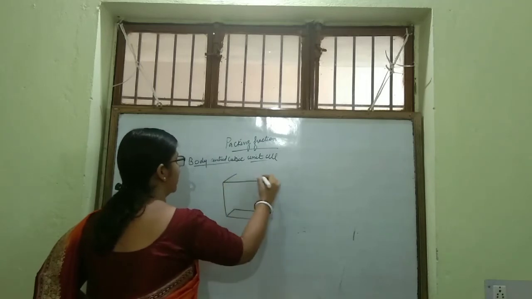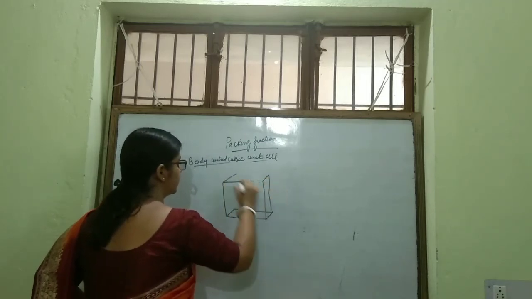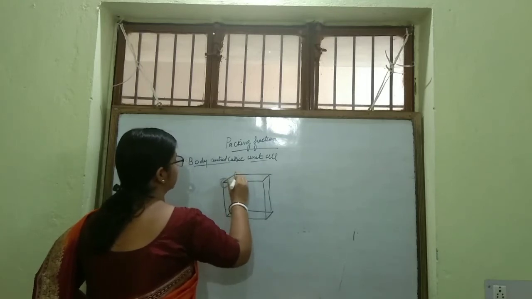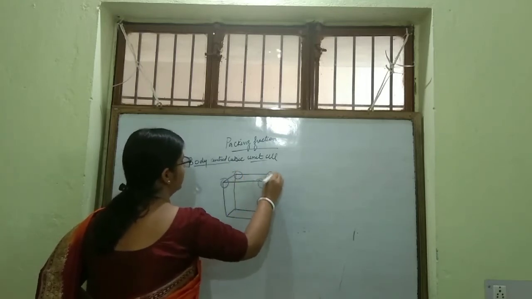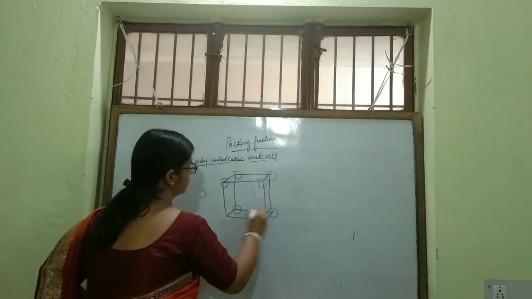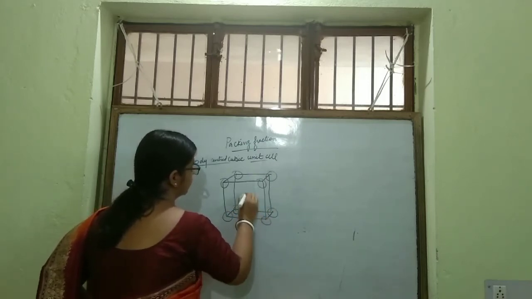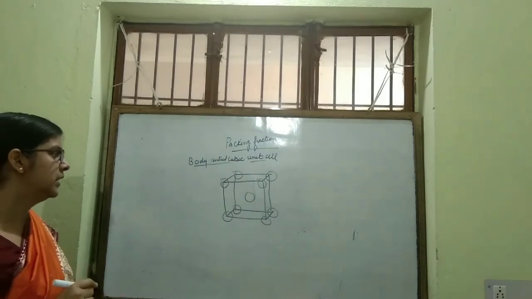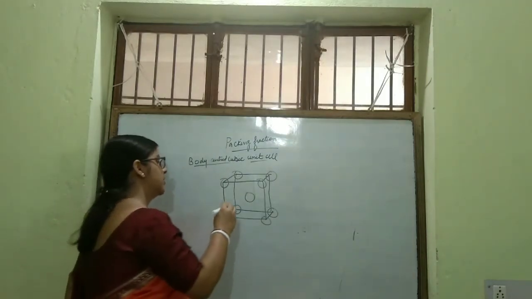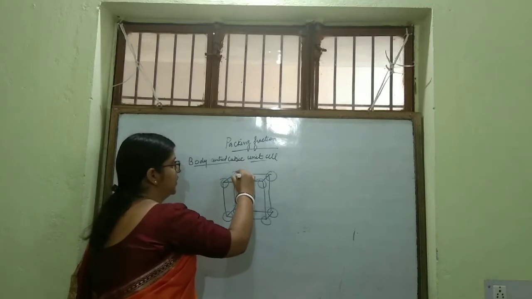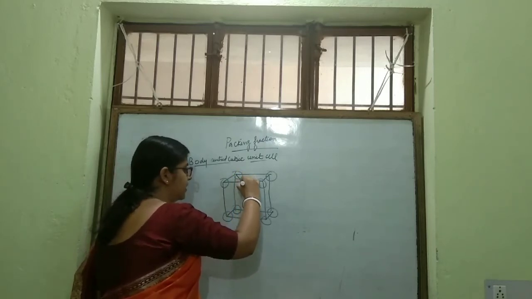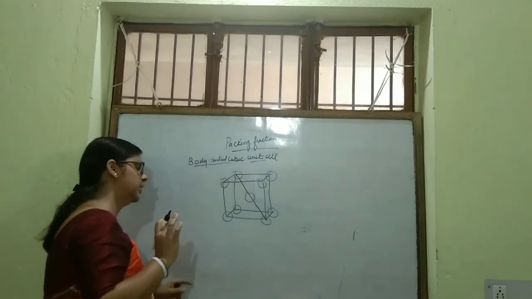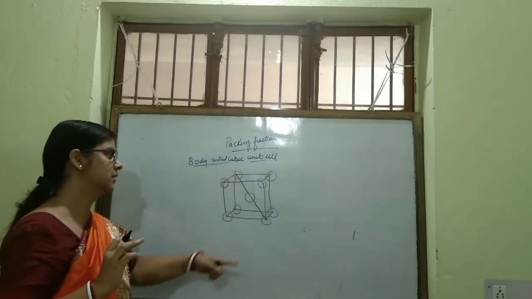We all know that particles are present at the corners and at the body. Here also you will have to understand, you will put this line over here, then you will get the body diagonal. Okay, I have joined this.